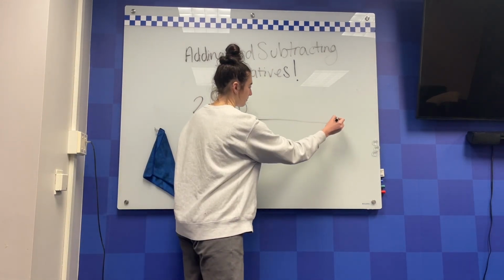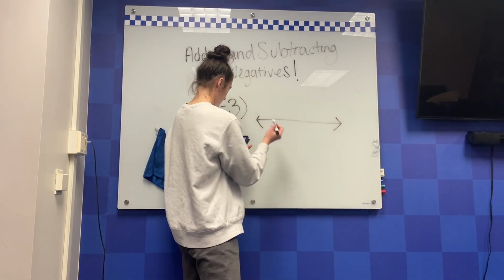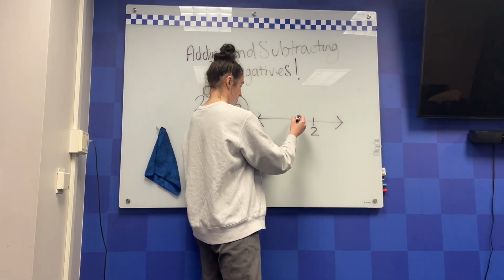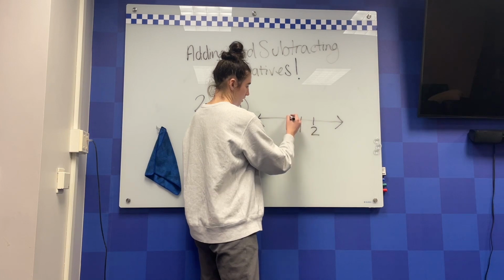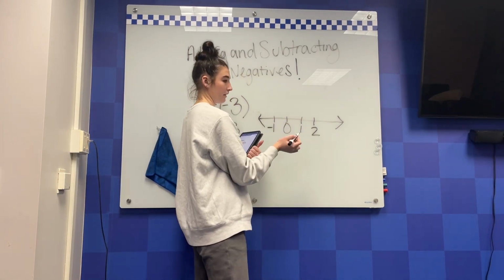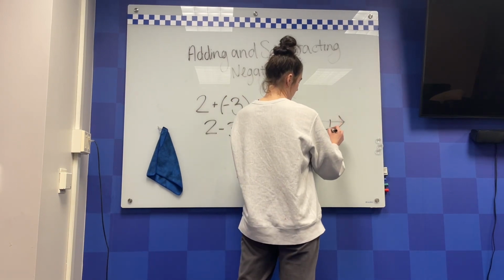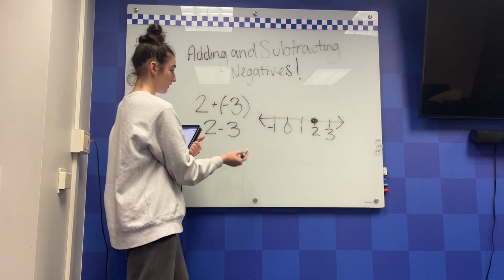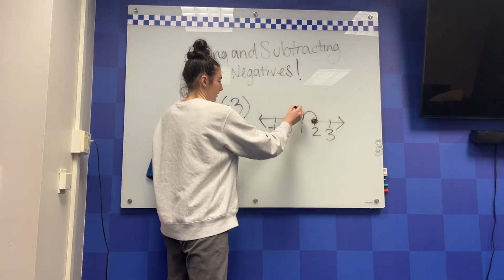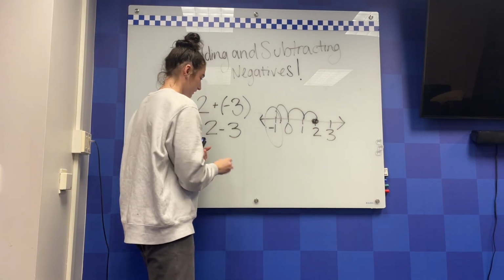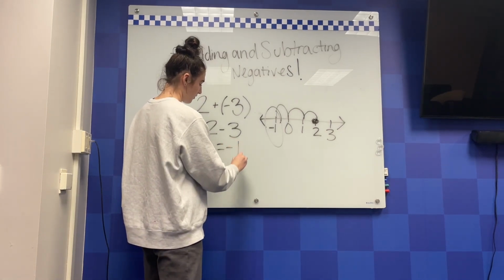Go over to our number line, and we start at 2. And then negative 1 would be on the left of the 0. We start at 2, and we're subtracting 3. So 1, 2, 3. So our answer would be negative 1 this time. Answers can also be negative.